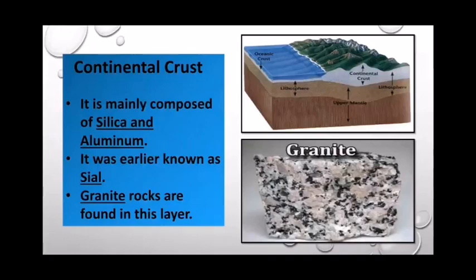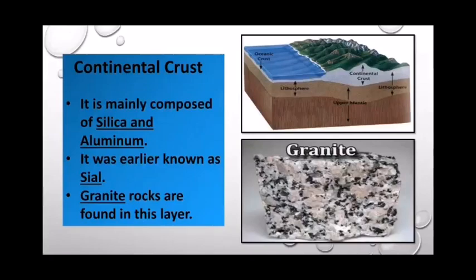The density of continental crust is 2.65 to 2.90 gram per centimeter cube. The thickness of this layer is approximately 30 kilometers. Granite rocks are mainly found in this layer.